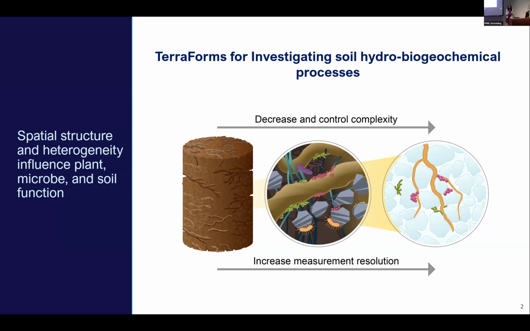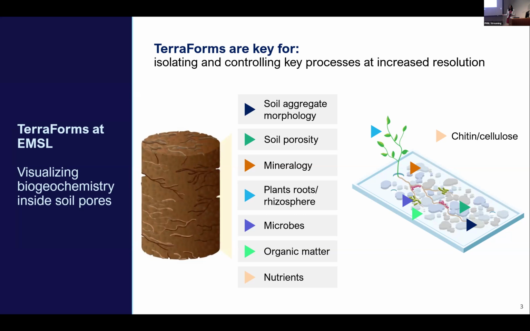And in these platforms, we can then characterize using several different types of chemical imaging capabilities that are present in EMSL, SSRL, and other places. We develop workflows so that we can transfer samples across labs, which is really important for imaging these platforms.